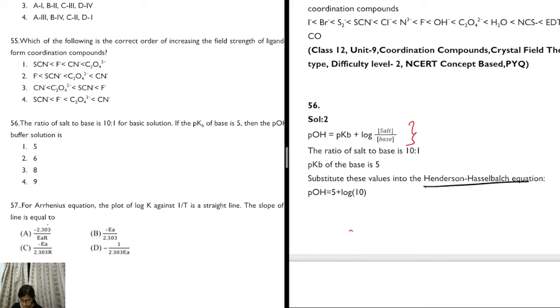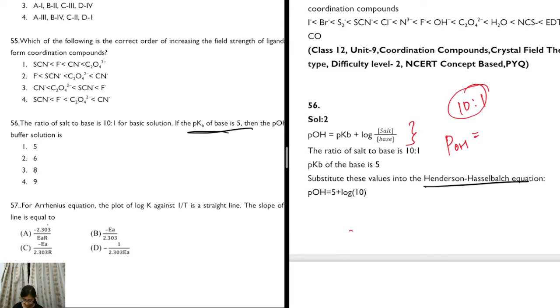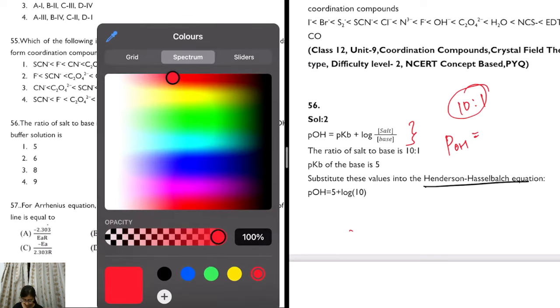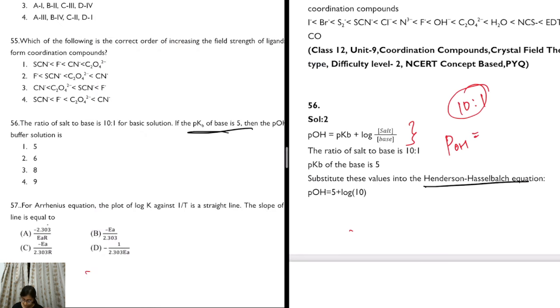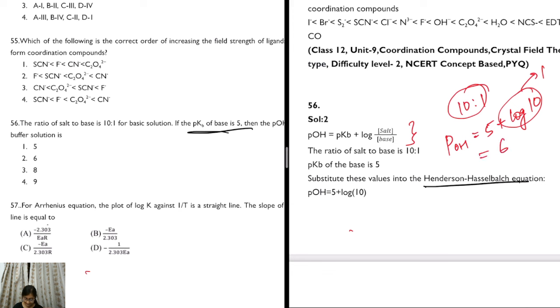So it is given to us 10 to 1. So we will put this, and what we will have is pOH equals pKb, which is given to be 5. Therefore 5 plus log of 10. What would it be? 1. So the answer will be 6.